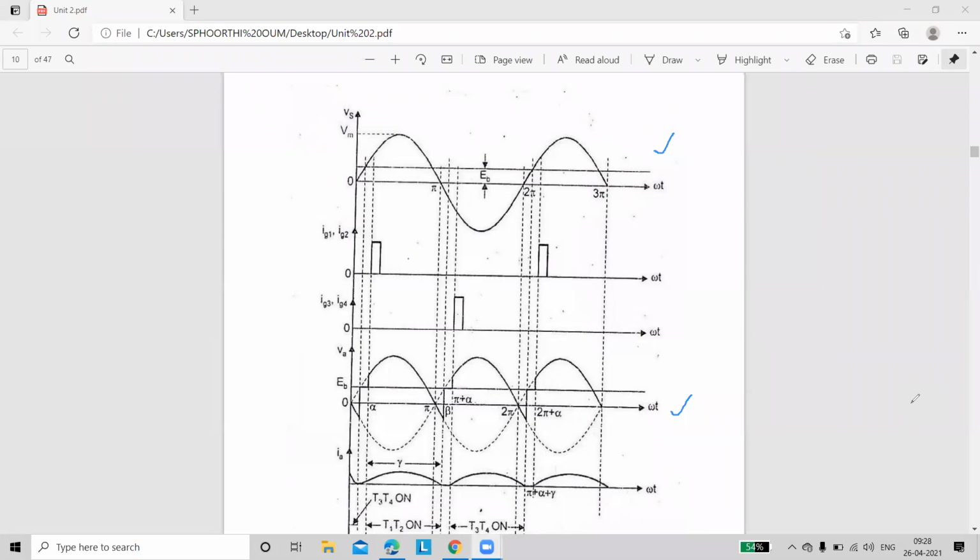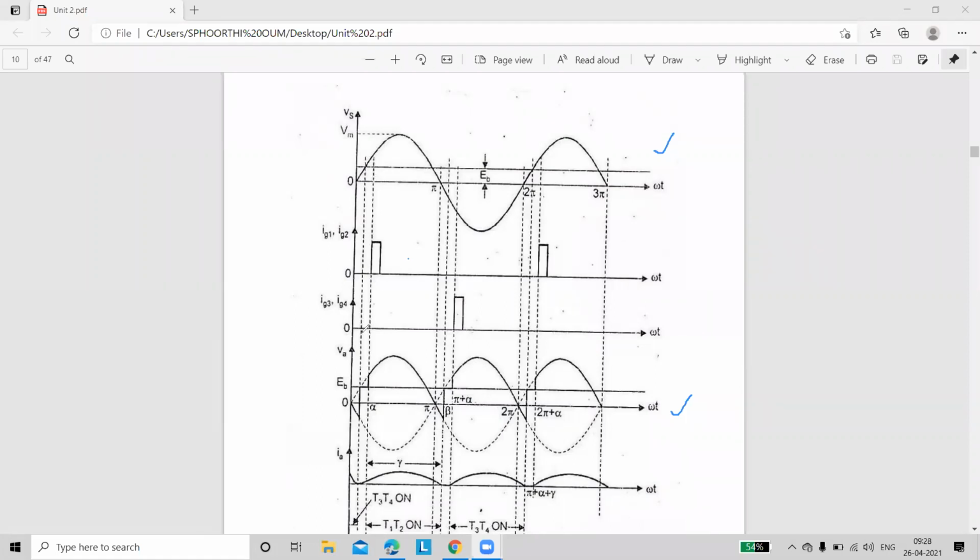Have you understood why the waveforms are going to exist like this? Is my voice clearly audible to you or not? Yes, it is audible, ma'am. Okay, so see the waveforms carefully. Due to the inductance effect, madam. Okay, right.